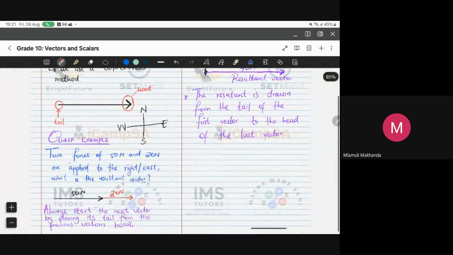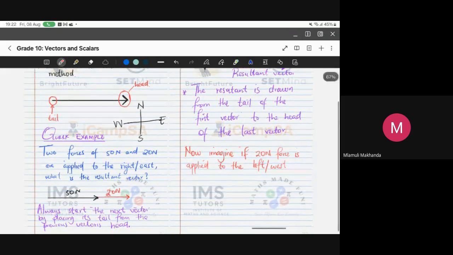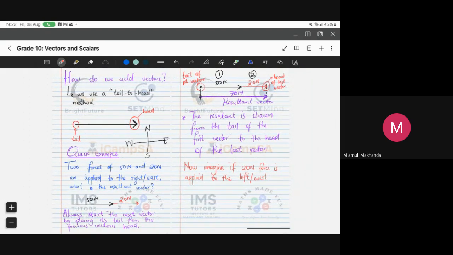So imagine now the 20N vector of force is applied to the west or to the left.